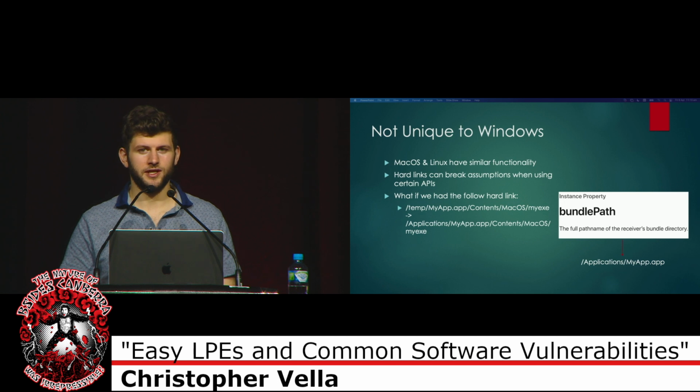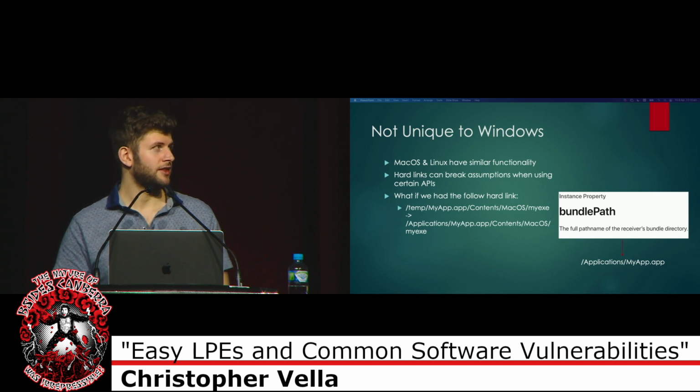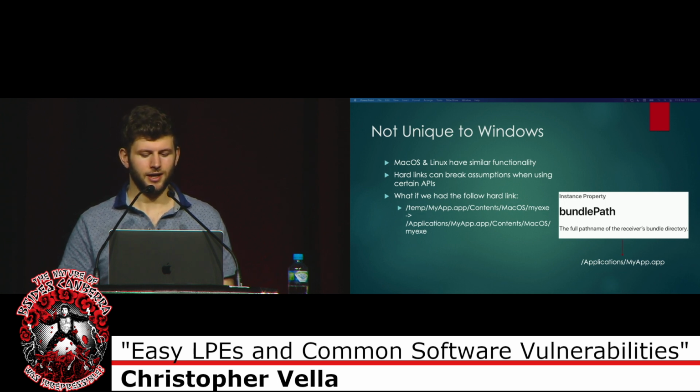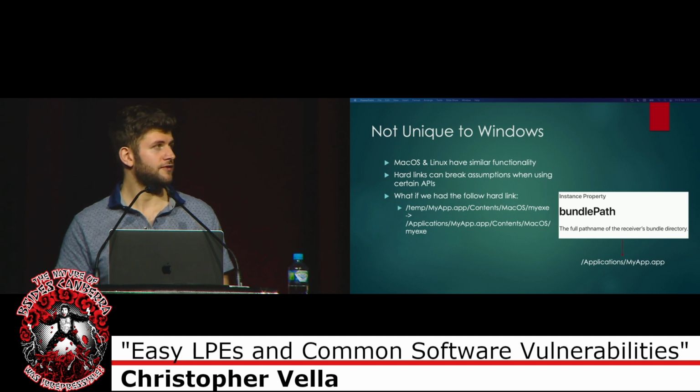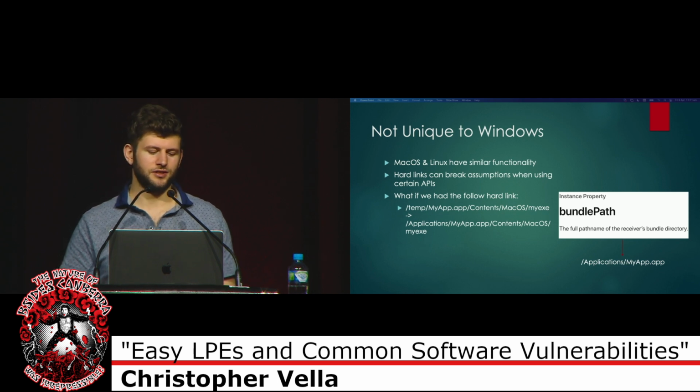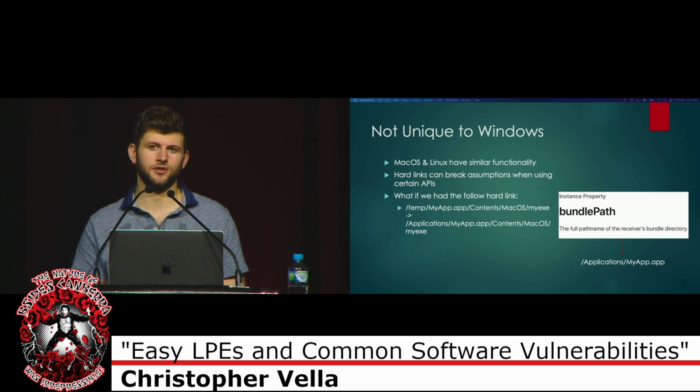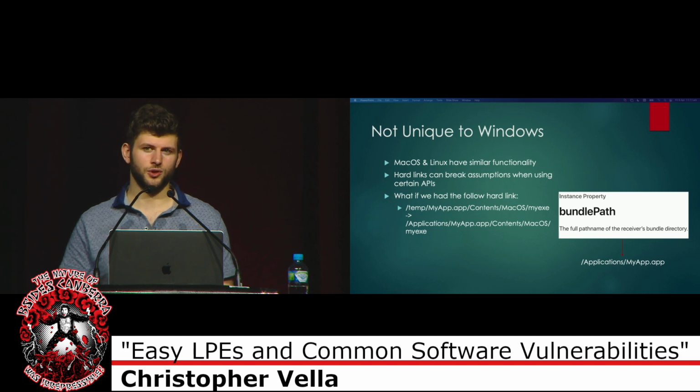I've had vulnerabilities in Mac where they use certain APIs to get the path of their application bundle, and that typically is expected to live in /applications, where low privileged users do not have permissions to write to. But by creating a hard link from a less hardened folder, we can trick that API into returning a different path, like /temp or somewhere in the user's home directory, where the user does have full control over that file.